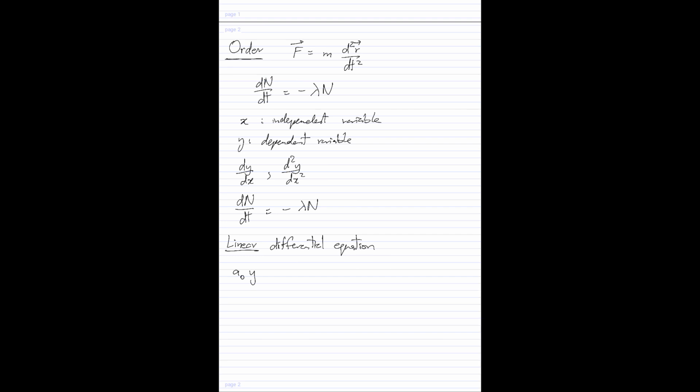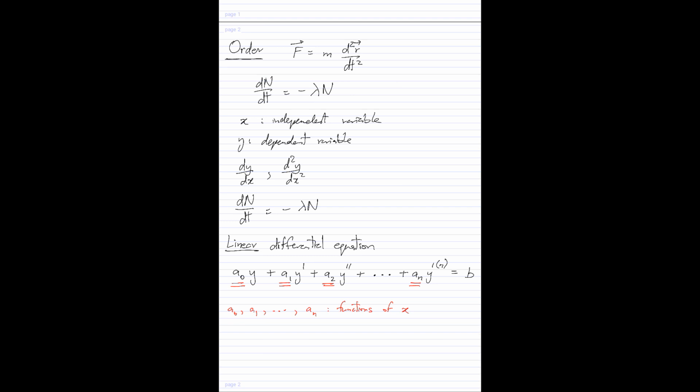So you have a naught y plus a1 y prime plus a2 y double prime plus dot dot dot all the way to an y to the n primes is equal to b. Okay, a naught, a1, a2 all the way to an are functions of x and x only.